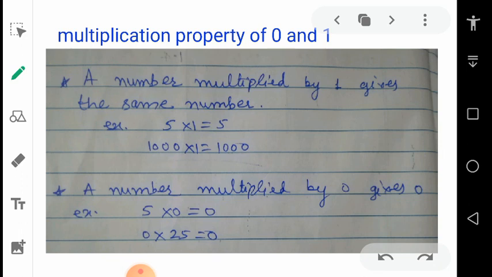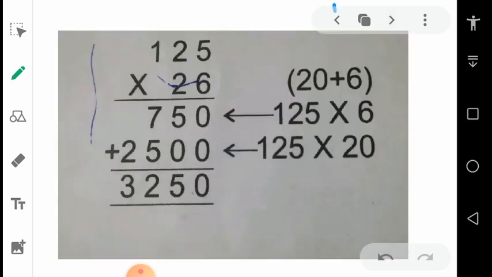It's because 0 is nothing, and if we multiply a number by nothing, we get nothing, that is equal to 0. Students, in the next slide I am going to tell you how we multiply two numbers, whether they have the same number of digits or a different number of digits.